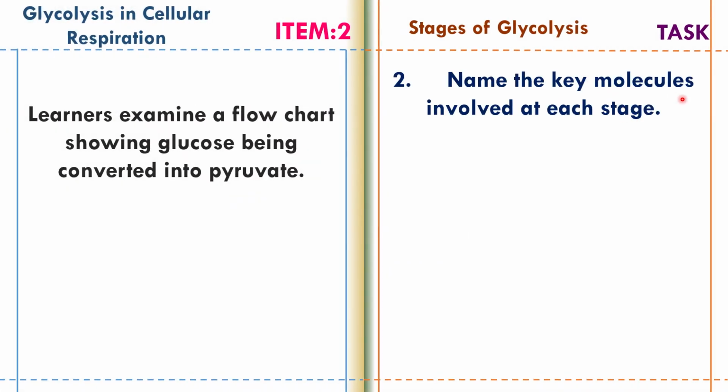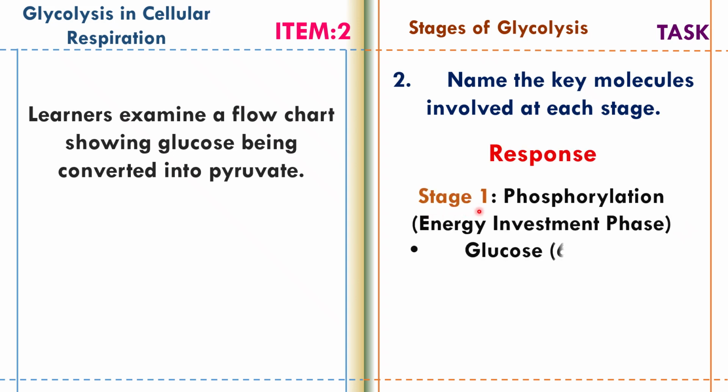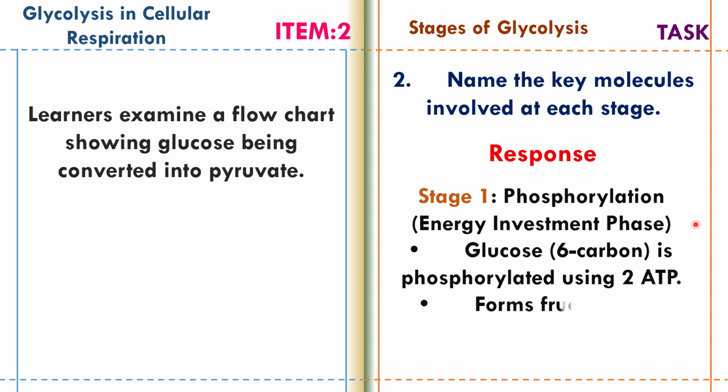Name the key molecules involved at each stage. Stage 1, phosphorylation or energy investment phase. Glucose, a 6-carbon, is phosphorylated using 2 ATP and it forms fructose 1,6-bisphosphate.